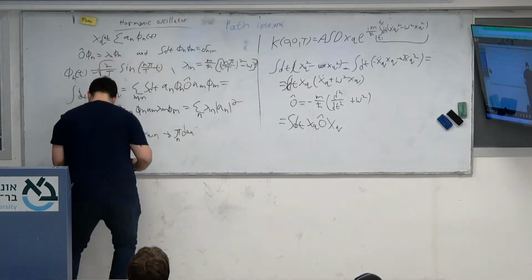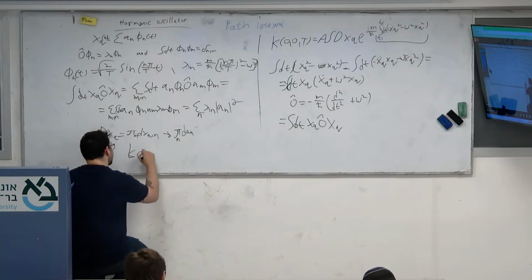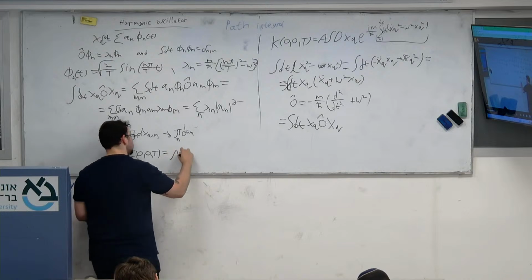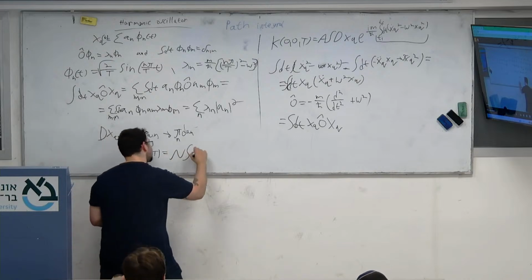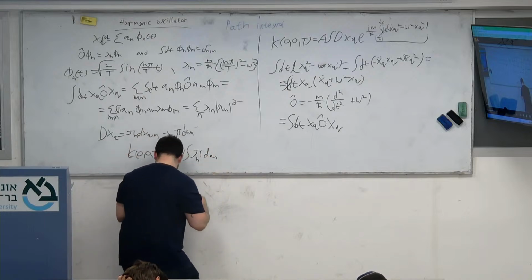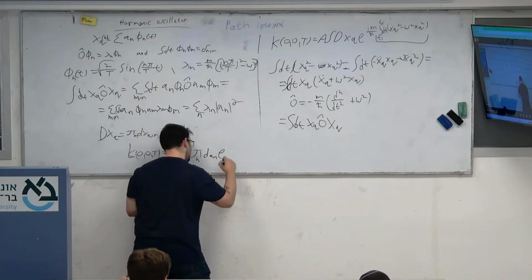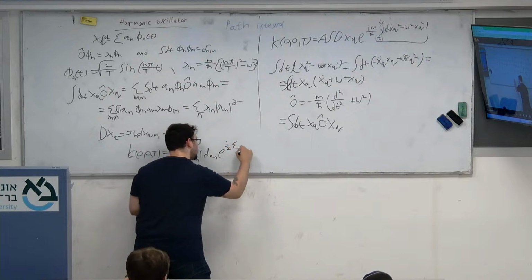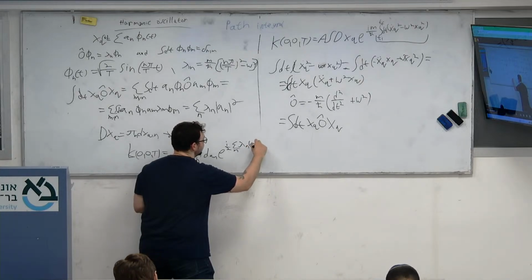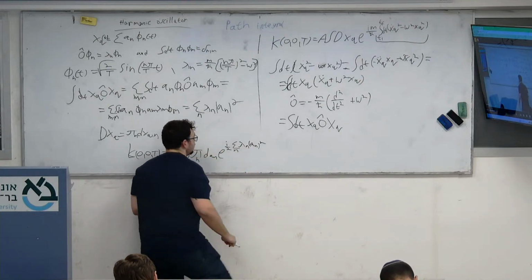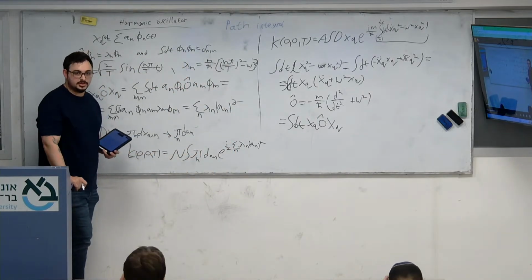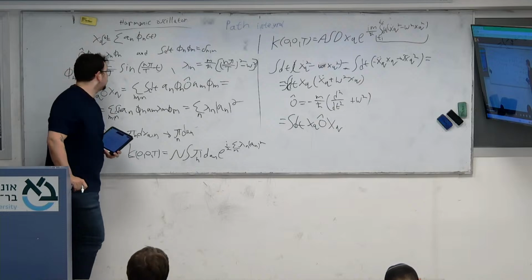Right, so k0, 0, t equals the product over n of e to the i by 2 lambda n squared. All right. So we're just left with the multiplication of multiple Gaussian integrals, which we know how to solve.